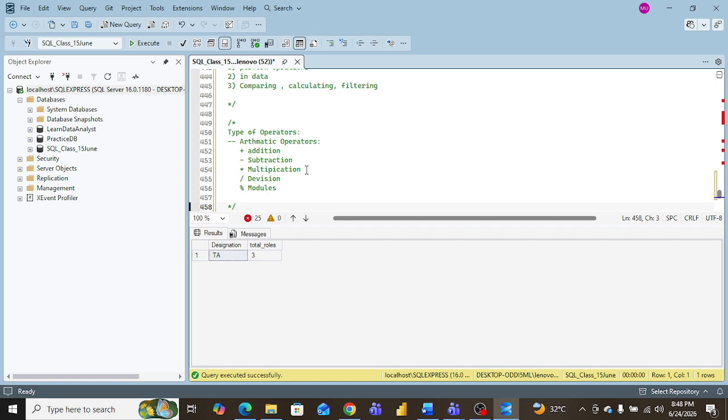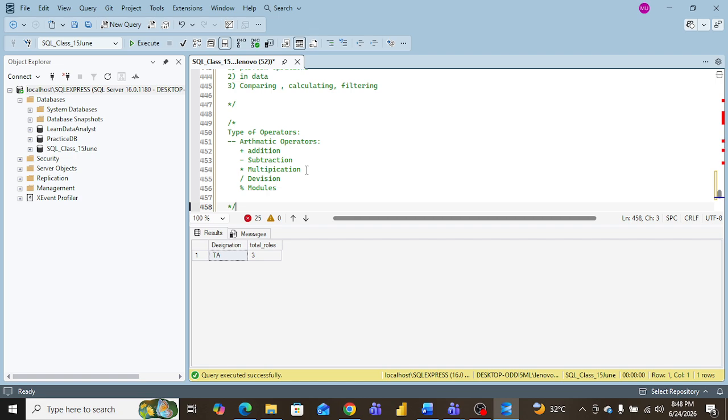Suppose I want any specific thing, like names that start with a particular letter. We have employees' names, and I want the names whose first letter is P. Now, in terms of modulus, it's not standard SQL.